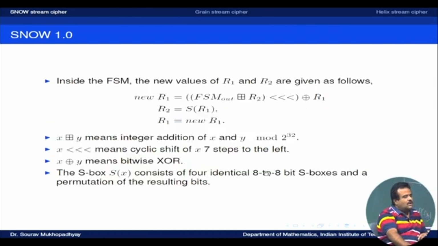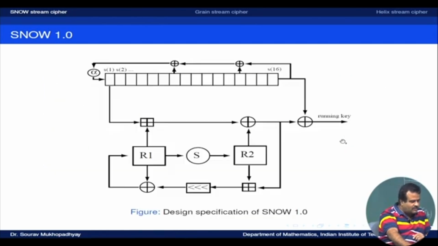Okay, so inside this finite state machine, we take values R1 and R2, but how does this state change in the finite state machine? Let us come back to this figure. This is the state updater function in the finite state machine. It takes this R2, then there is circular shifting, we will come to that.